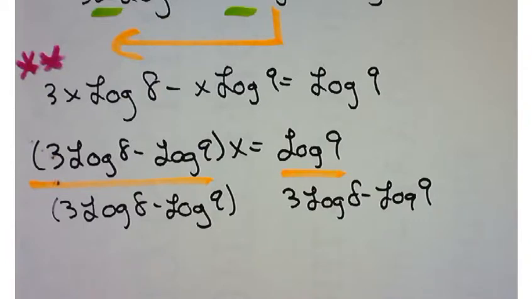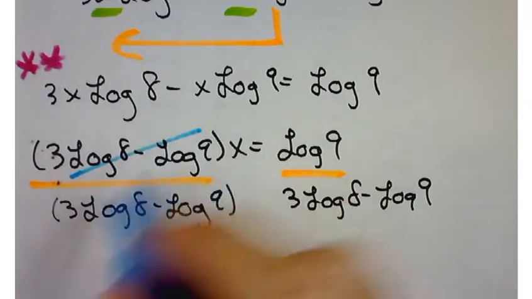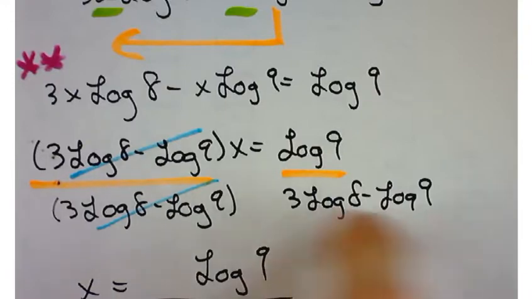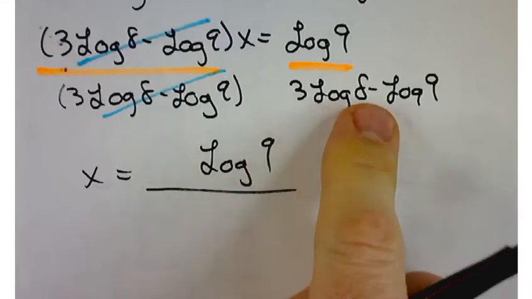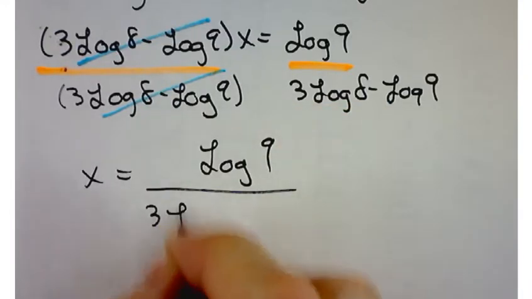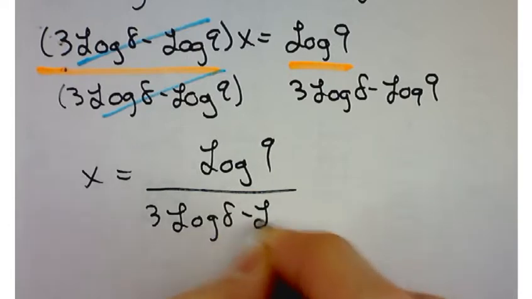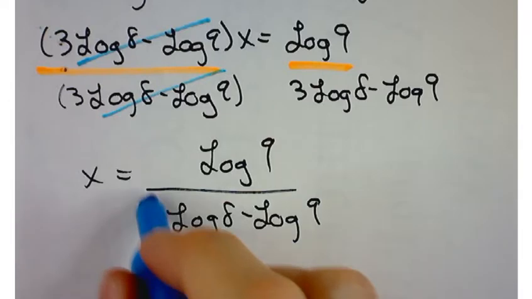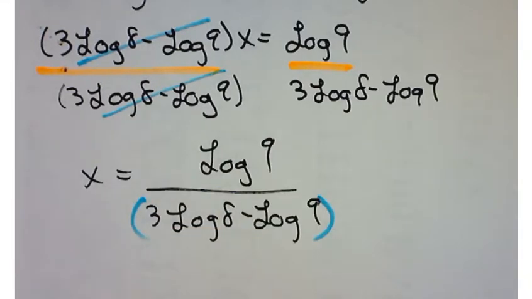Well, on the left-hand side, everything cancels except the x. On the right-hand side, no, it doesn't cancel. No, yeah, well said, Jake, thanks. It's connected here. 3 log of 8 minus log of 9. They're connected, so I can't cancel into that. We're just kind of stuck with it.